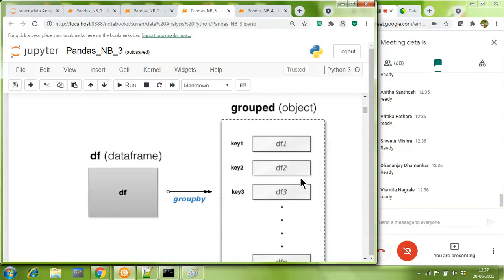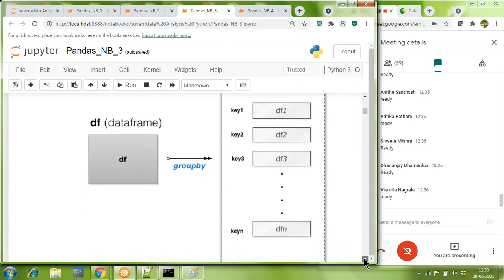This is all happening internally. It will split the data frame into small data frames, each containing data of that respective group type. Example, suppose I say the wine reviews data frame should be grouped by country, then all the wines belonging to the country US will come here, all wines belonging to country Portugal will come here, so on and so forth. So small data frames have got created country wise.